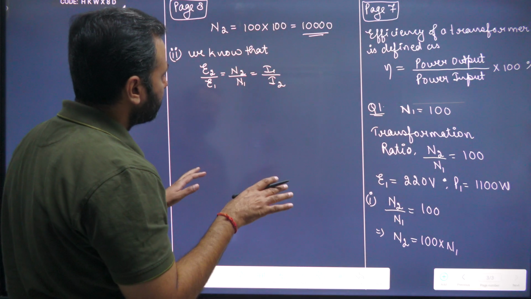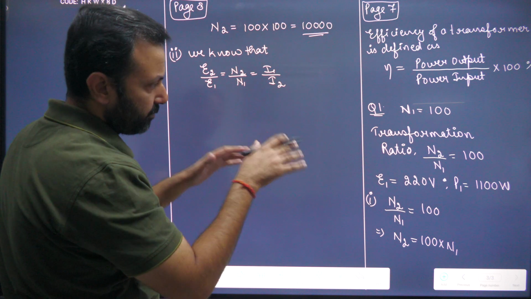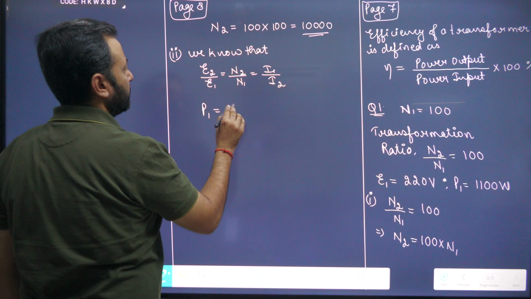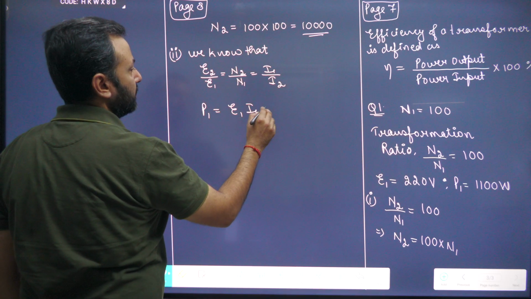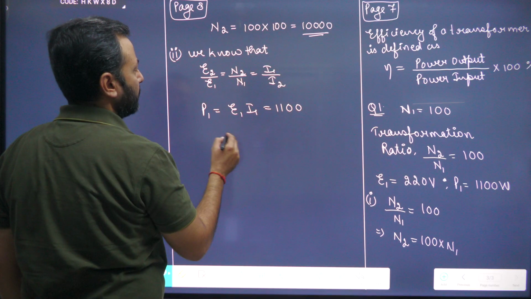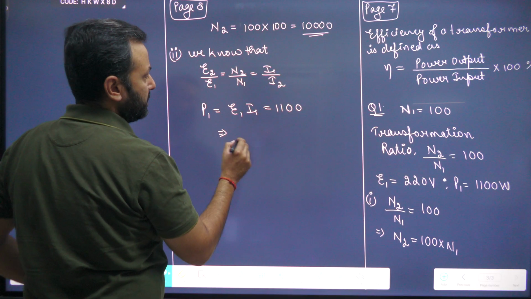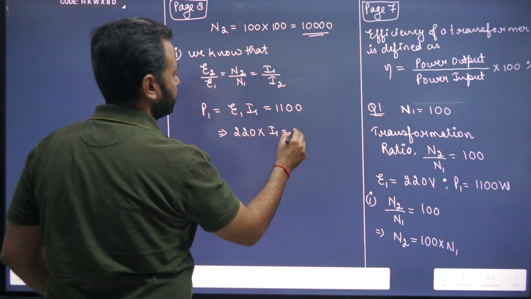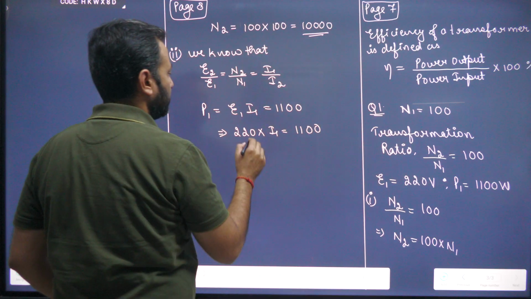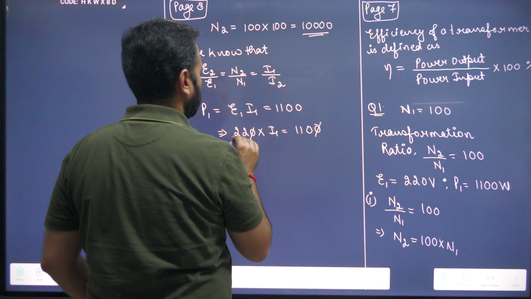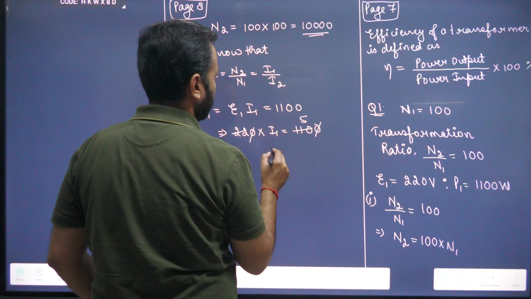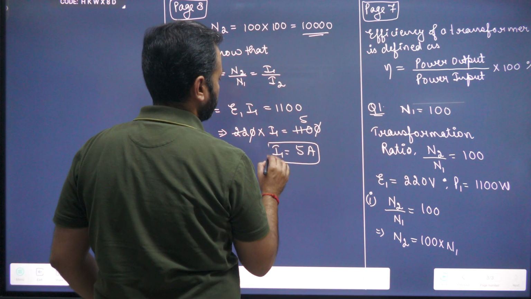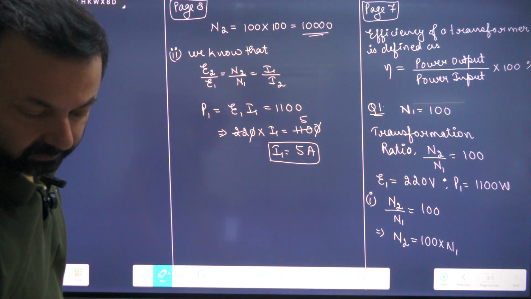Okay, but we don't have I2. We have power, we have input power P1. So P1 is equal to E1 into I1 and it is equal to 1100 watt. And what is E1? E1 is 220 into I1 is equal to 1100. 0 will cancel out the 0. 22 5s are 110. I1 is equal to 5 ampere. Is that clear?